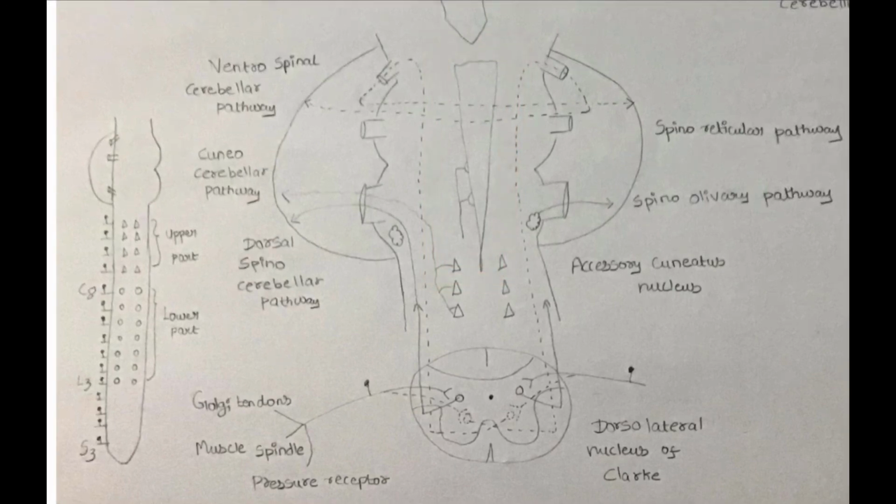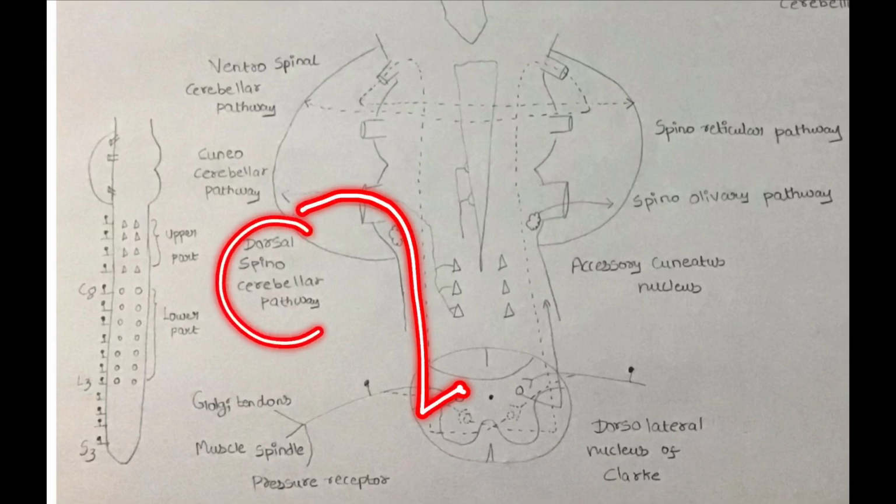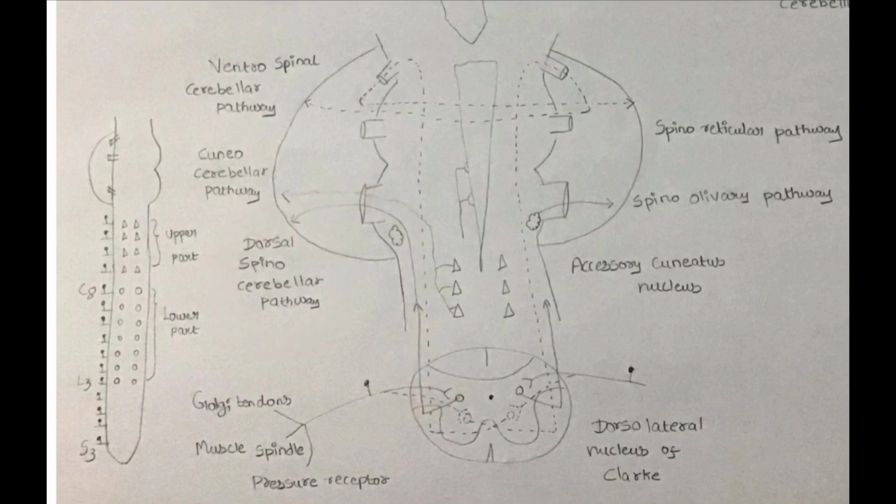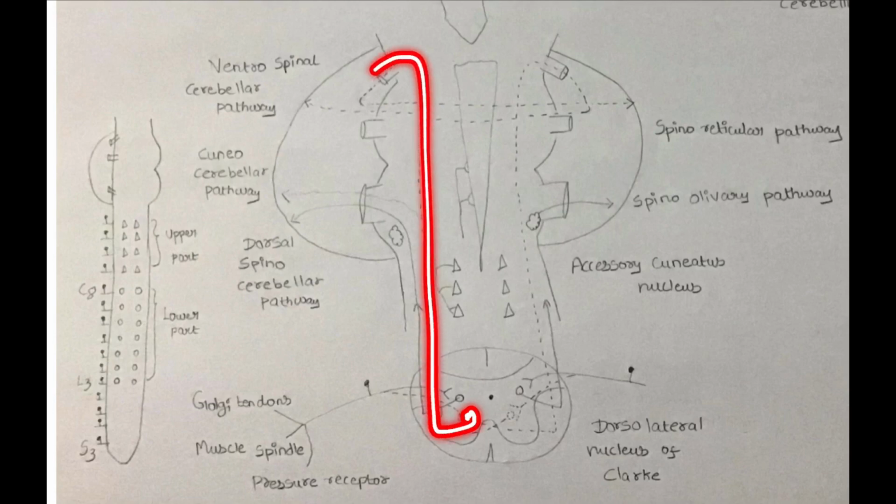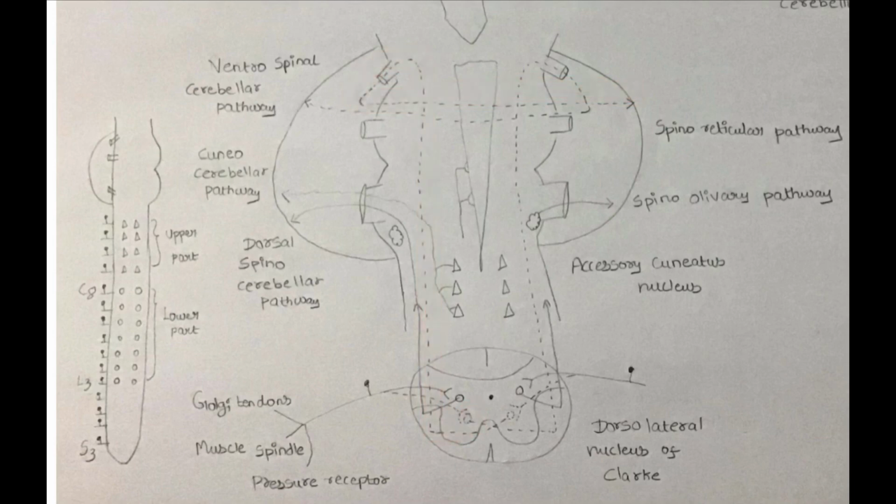So these sensory nerve fibers going through this way, it is known as dorsal spinocerebellar pathway, and this sensory nerve fiber going through this way, it is known as ventral spinocerebellar pathway, and the sensory nerve fibers coming from the accessory cuneatus nucleus, it is known as cuneocerebellar pathway.